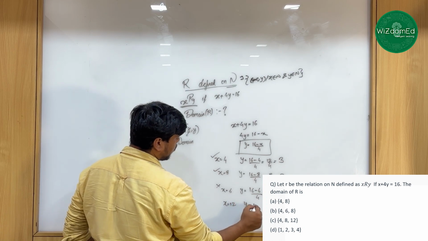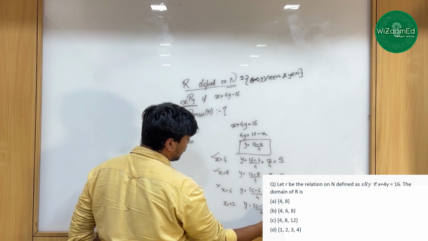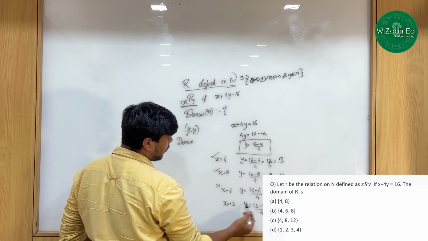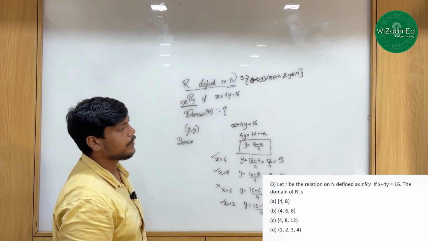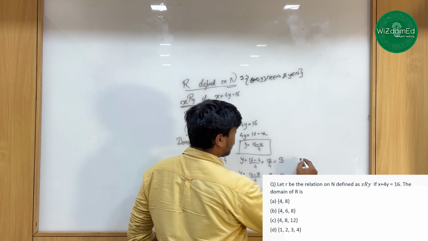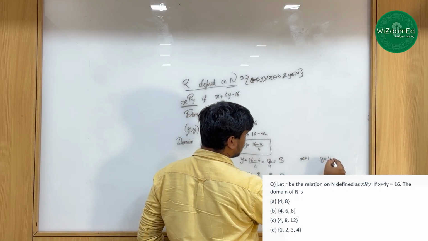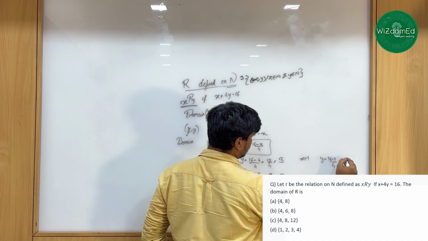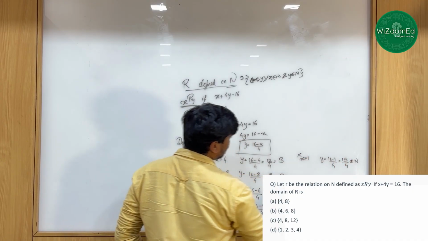So I'll get 16 minus 12 by 4, which will be 4 by 4, which will be 1. If I keep 12, I'm getting 1, which is a natural number, that is valid. And then the last option has the value x is equal to 1. If I keep x is equal to 1, I'll get y is equal to 16 minus 1 by 4, 15 by 4, which again does not belong to natural numbers.